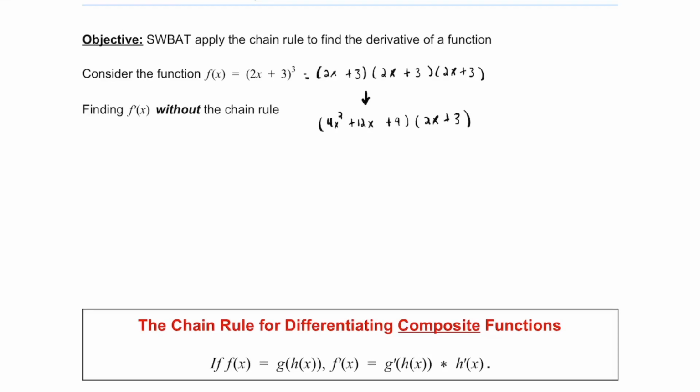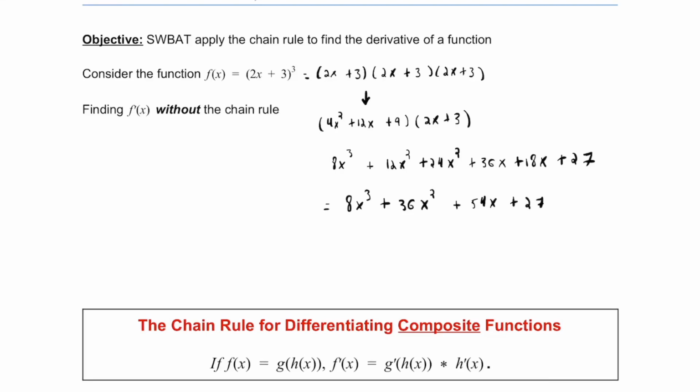It's going to get ugly pretty quickly, but what we'd have here is 8x cubed plus 36x squared plus 54x plus 27.